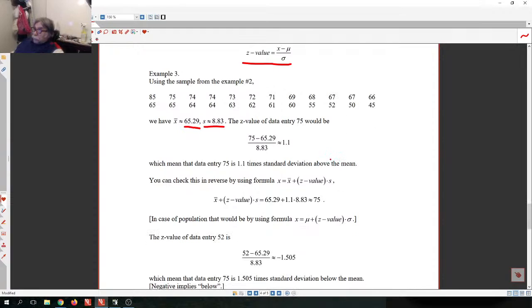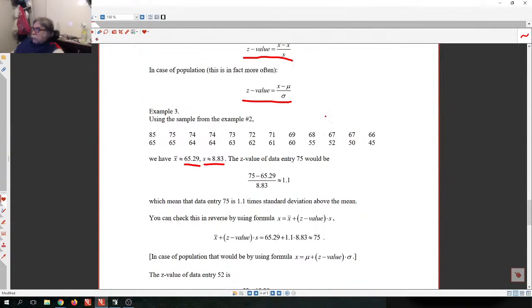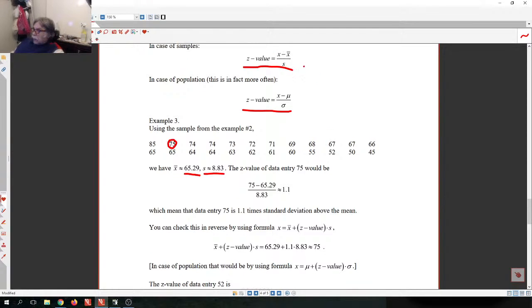Okay, so now the z-value. Any of these guys have a z-value. Well, let's say 75. I'm interested in the z-value of 75. The question is, how far is it from the mean in terms of a standard deviation? So, the formula for calculation is this one here.